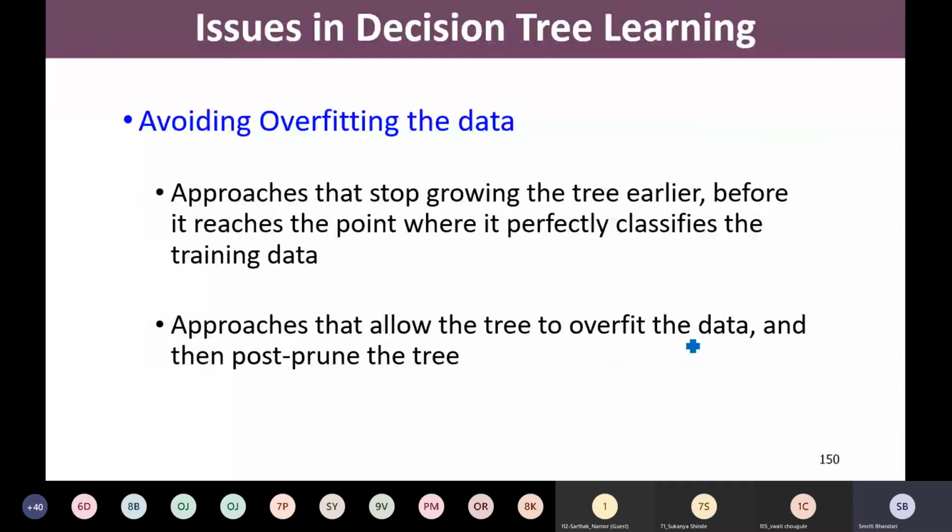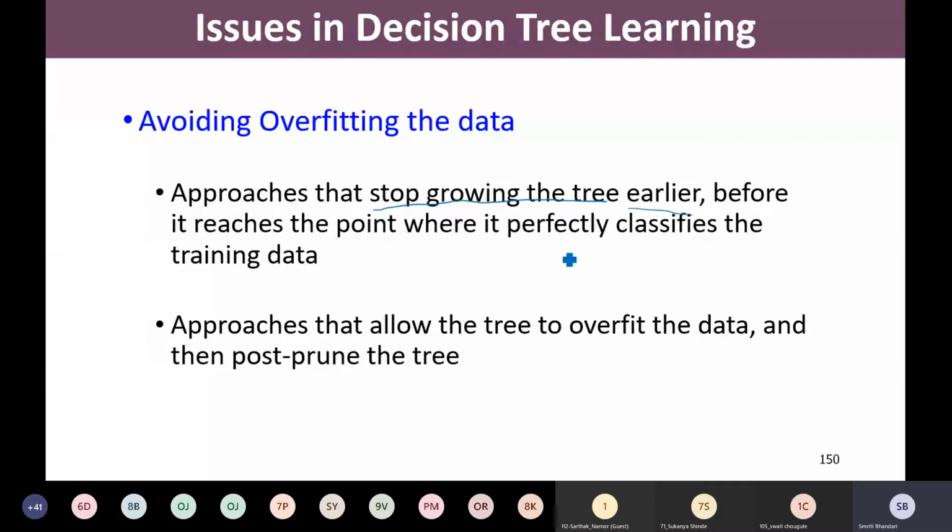We have several approaches to avoid overfitting of the data in the case of decision trees. The first approach is to stop growing the tree earlier, before it reaches the point where it perfectly classifies the training data. So we go on building a decision tree. Suppose we are using the ID3 algorithm and we go on building the decision tree.